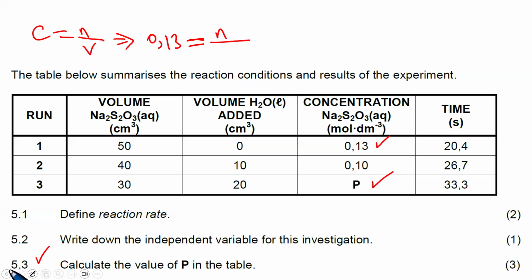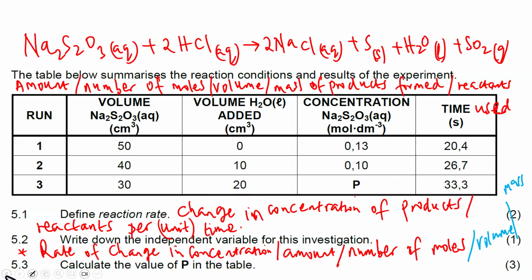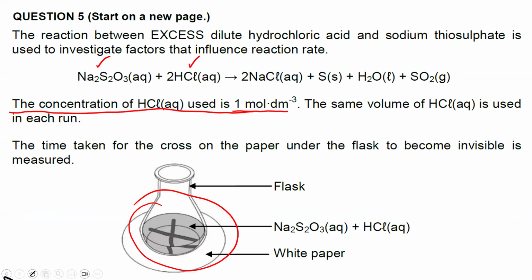Right. And when we actually have the concentration of 0.13 of this, what then becomes the volume? And we need to convert the volume to the cubic decimeters. Right. So let us check this out. Okay, we pause for a minute.